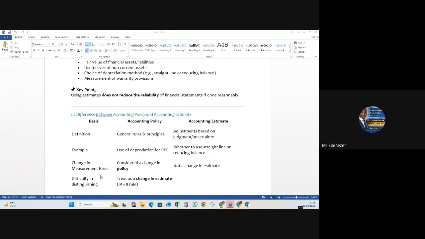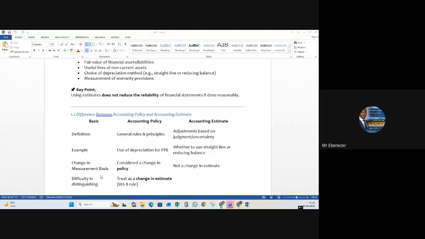Yes. Okay. Now let's take, for instance, your depreciation policy in the company. The estimate is whether you want to use the straight line method or the reducing balance method.